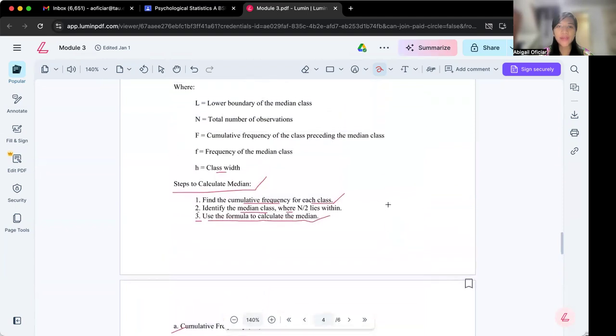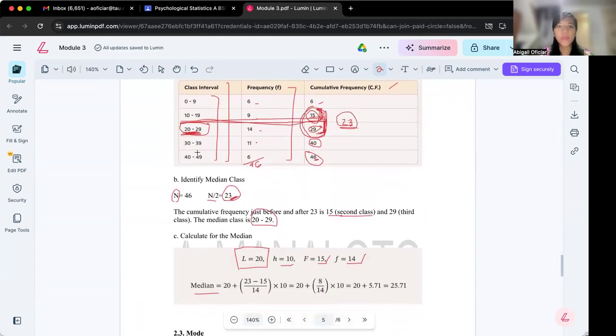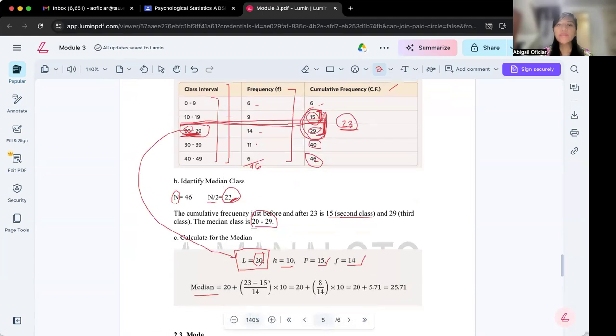Ngayon, paano nakuha yan? Balikan natin yung values natin. L is the lower boundary of the median class. Our median class is 20 to 29, so the lower is 20. Dito yan galing. Next, h is the class width. Ilan ba yung class width natin?